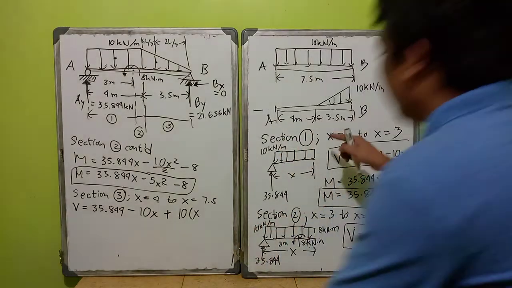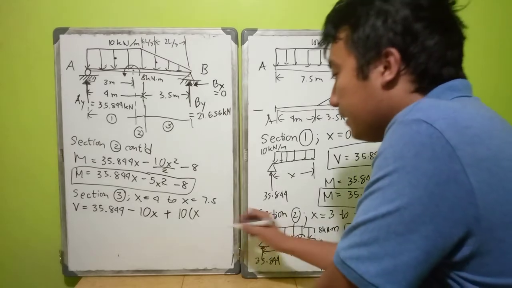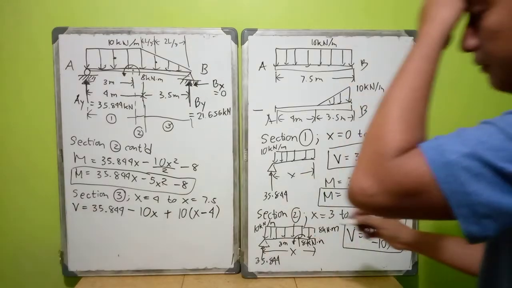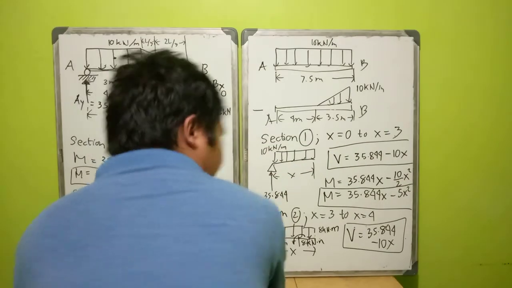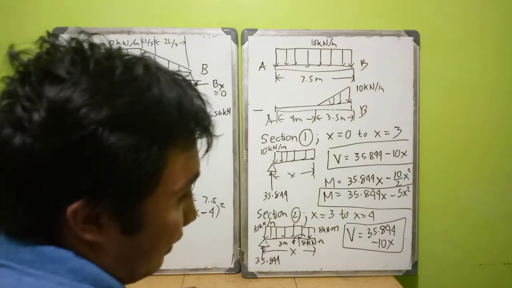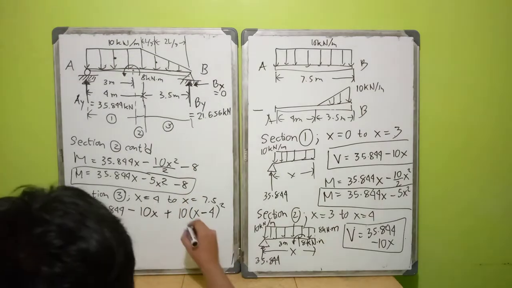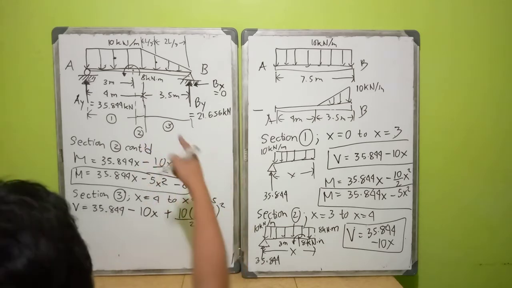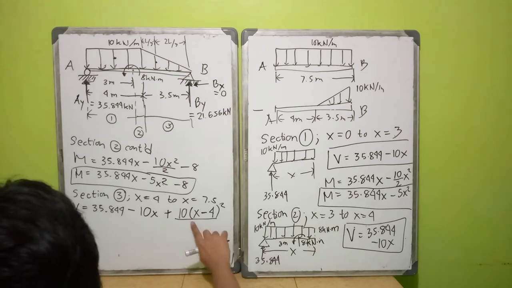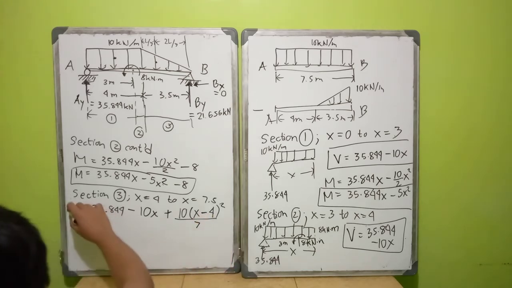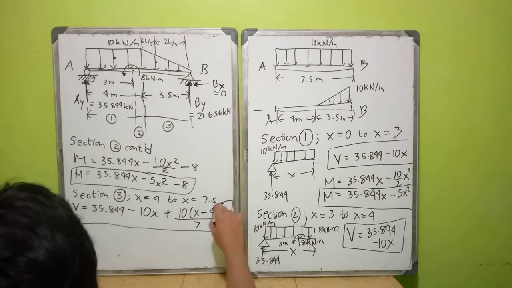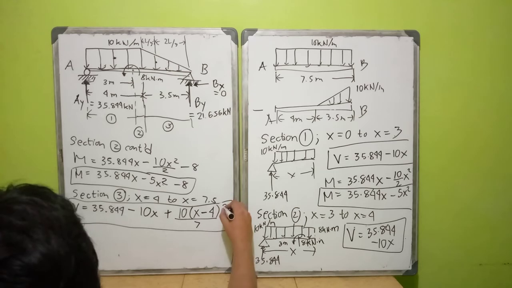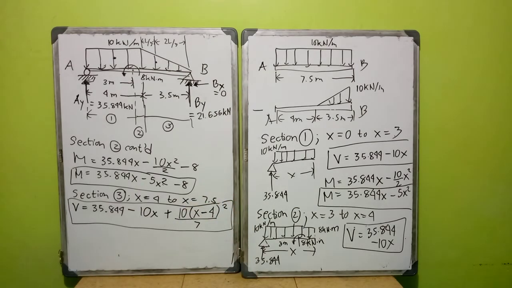So minus 10 plus 10 times x minus 4, squared, over 2L. The L here is 3.5, so 2 times 3.5 will be 7. So this will be your shear equation at section 3.